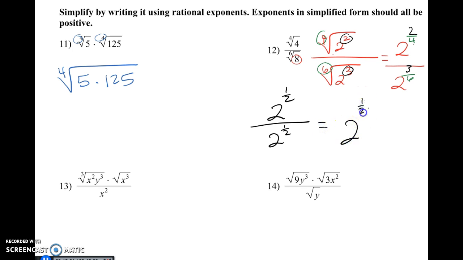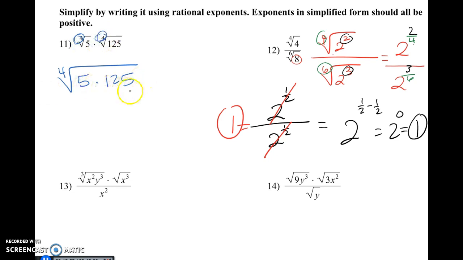So if I do subtract these exponents, 1/2 minus 1/2 is just 0. Now if you remember, anything to the power of 0 is 1. Or another way to think about it is 2 to the 1/2 divided by 2 to the 1/2 is 1. So again, if they have same index, then I can write it all under 1.